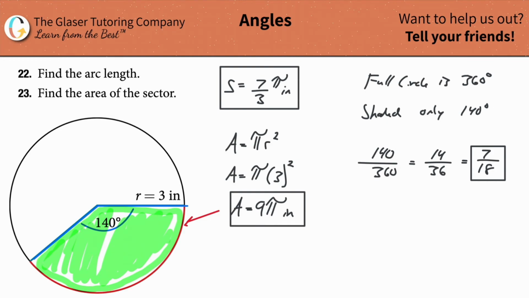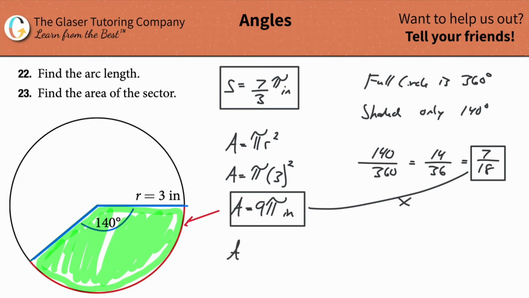So wait a minute. If you know the area of a full circle, and now you know that only 7/18 of that circle is actually shaded, you can multiply these two values. So basically I can create a new formula for you.